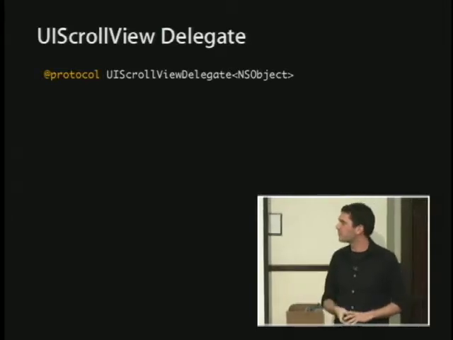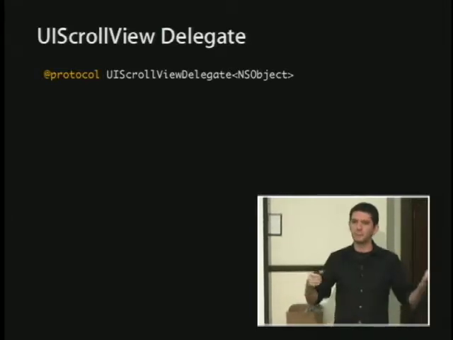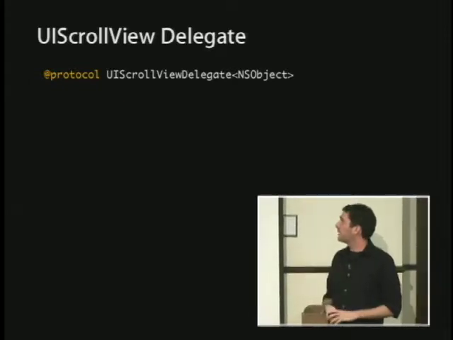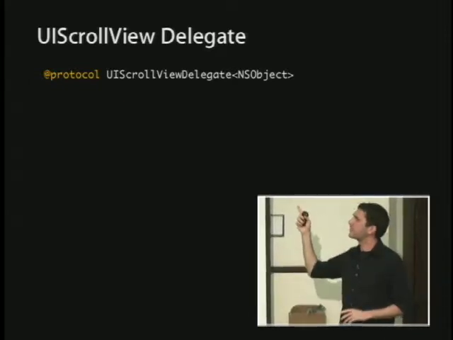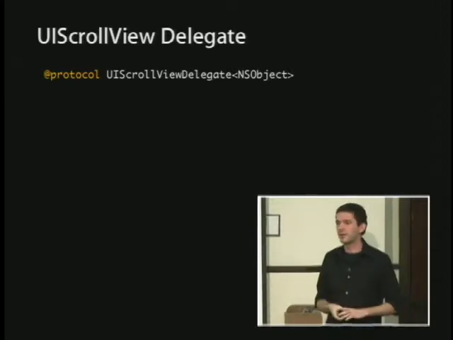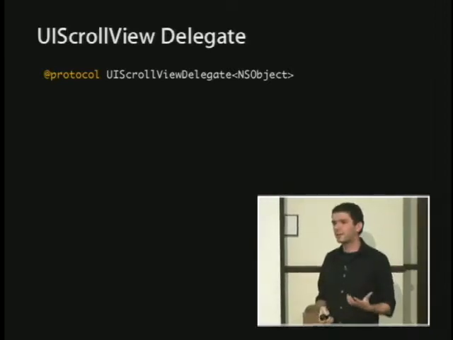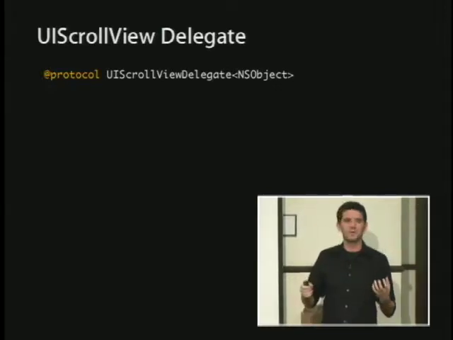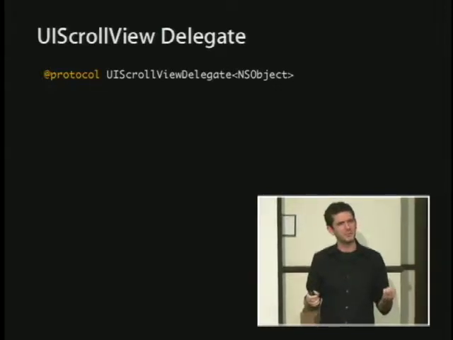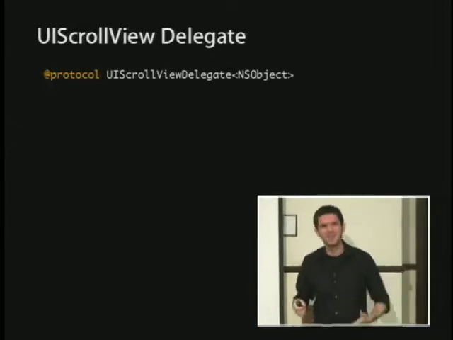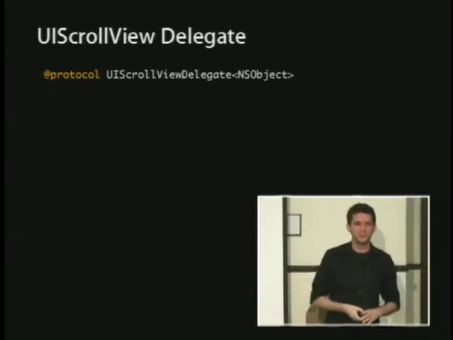So a protocol is declared like this in a header file. It's @protocol, again with the at symbol, UIScrollViewDelegate. And this is another construct we haven't really seen, these angle brackets, which define that a particular class conforms to a particular protocol.